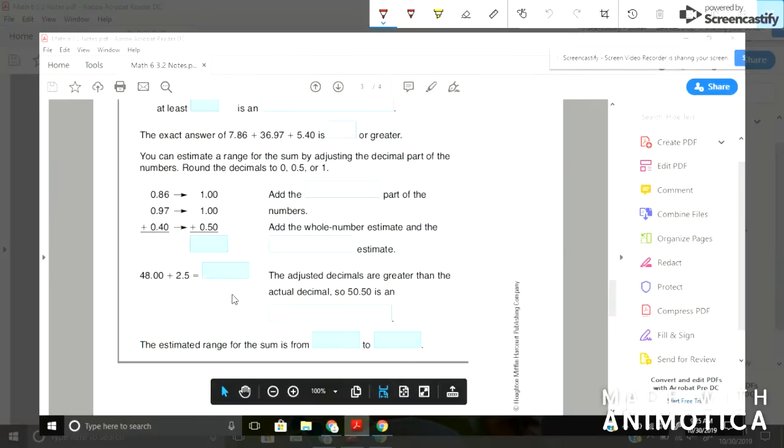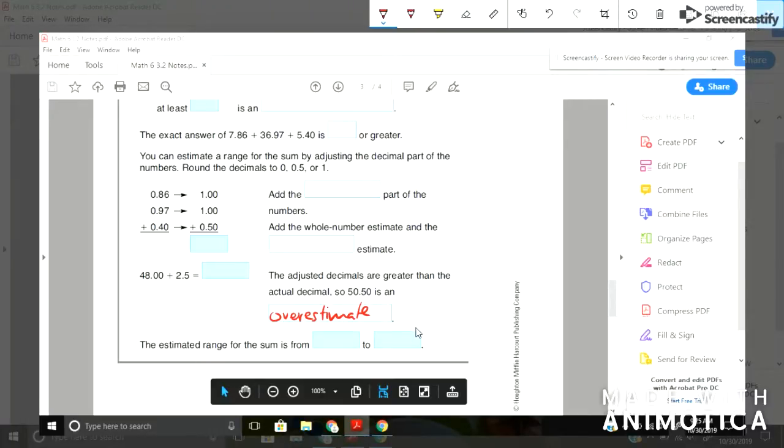Okay, so just to finish this off, it says the adjusted decimals are greater than the actual decimal. So these ones we made greater. Okay, so 50.50, what we got when we added them together, is an overestimate. 48 was an underestimate. 50.50 was an overestimate.